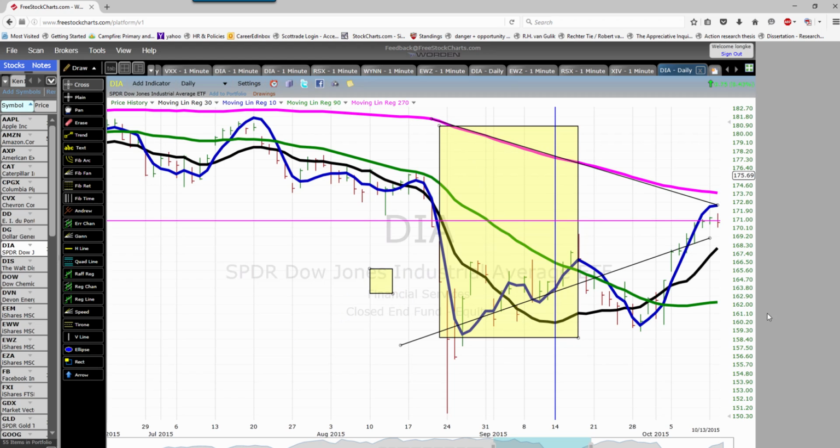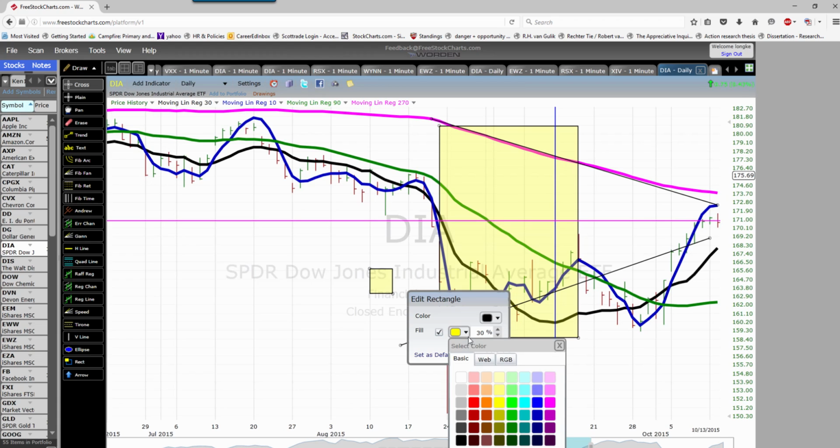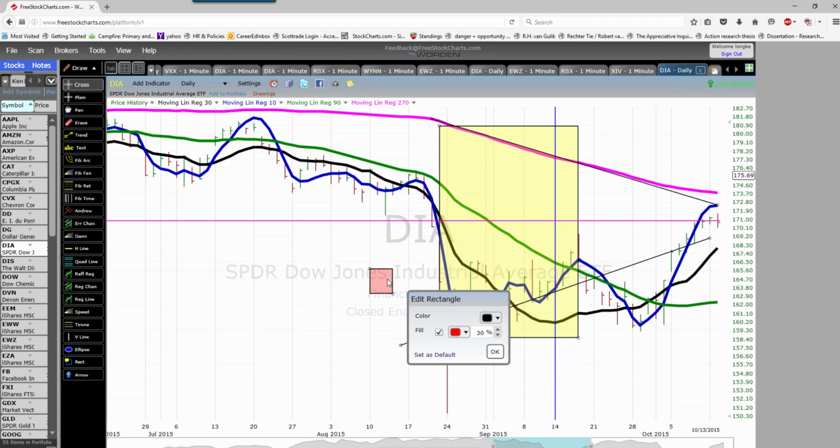And what we can now look at is expressing the distance between the 10 and the 270 as a function of average true range, and then computing 1, 2, 3, and we can express that move in terms of reward versus how much risk we want to take.